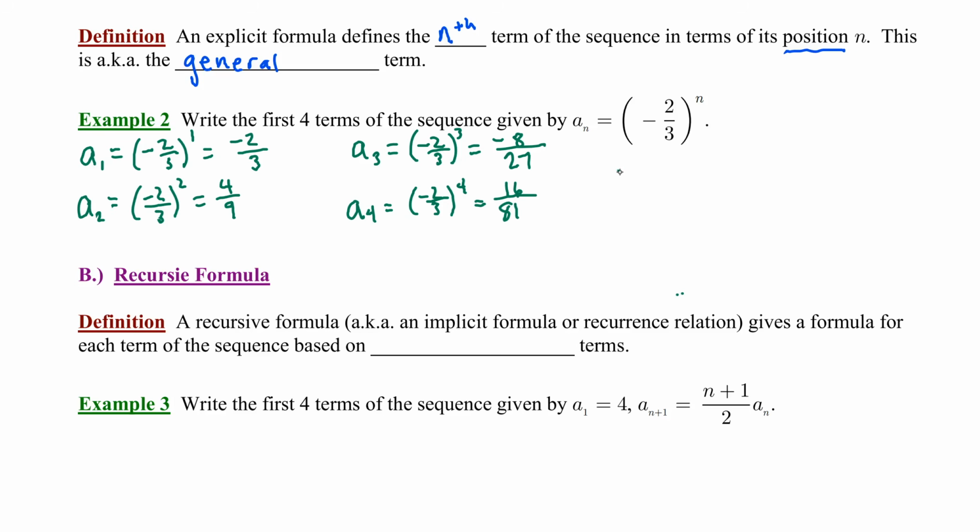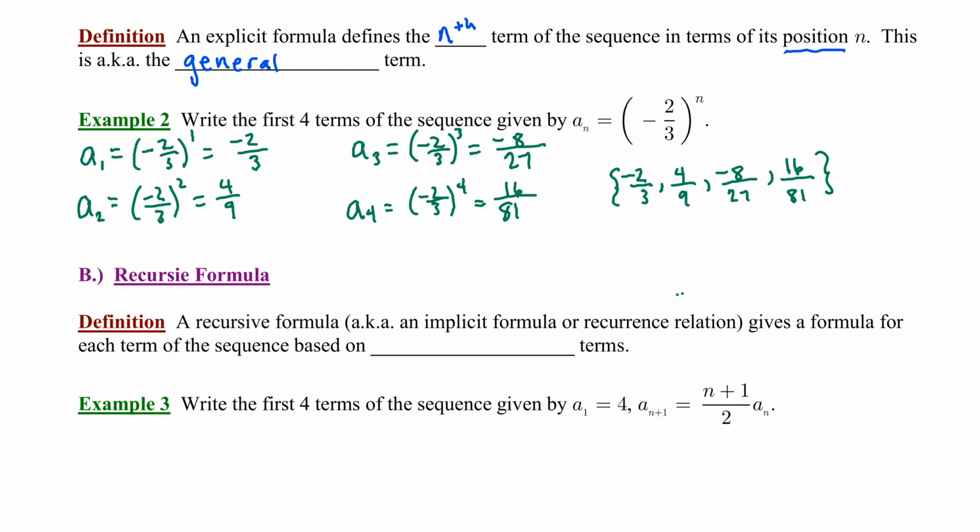So the first four terms of this sequence would be negative 2/3, positive 4/9, negative 8/27, and 16/81. Notice we have what's called an alternating sequence, or a sequence in which the sign changes from term to term.